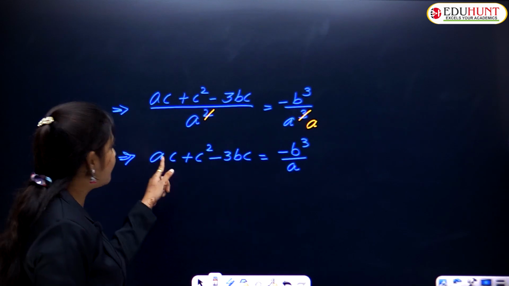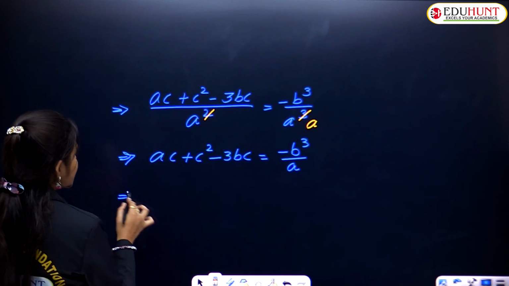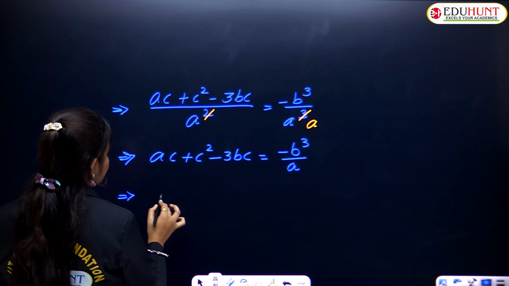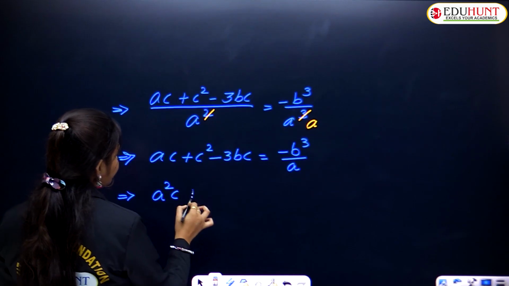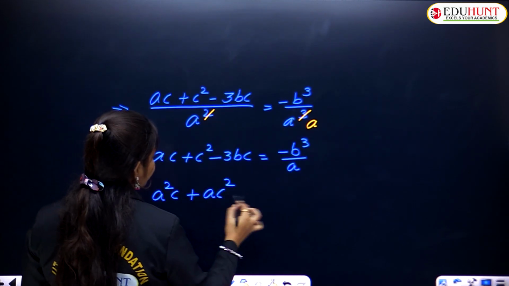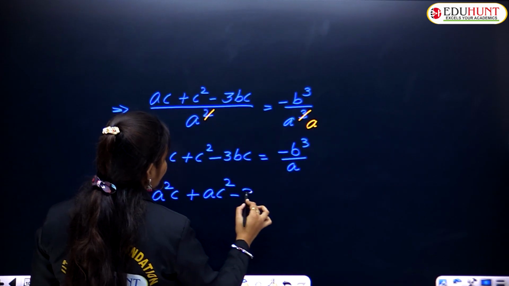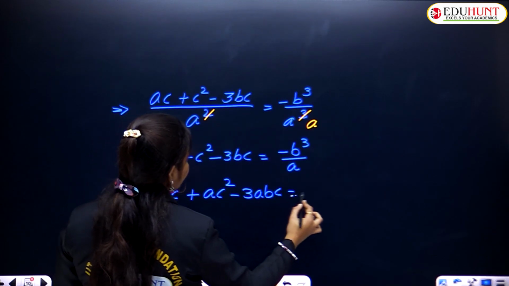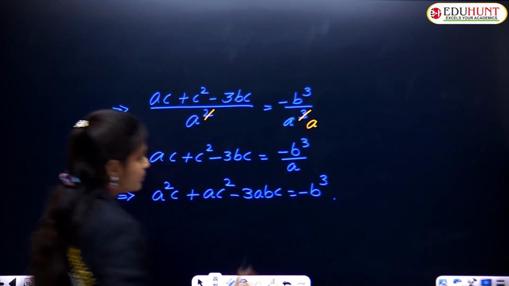Now multiply with the LHS, which is a into ac, which is a square c, plus c square into a, that is ac square, minus 3bc into a, 3abc, which is equal to minus b cube.